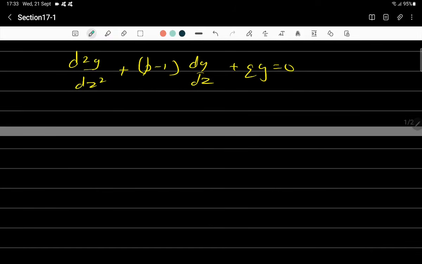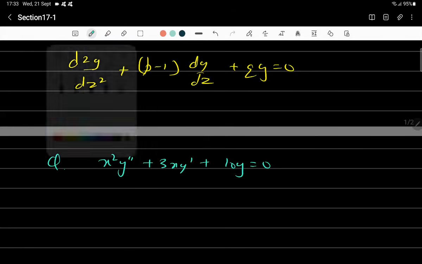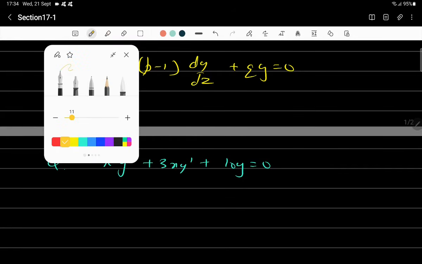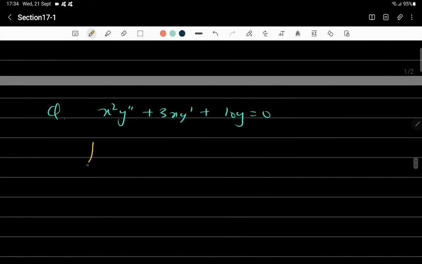So moving further, let's try a question. It is x square y double dash plus 3xy dash plus 10y is equal to 0. Let's assume that we want to solve this question. Now it is clearly an Euler equidimensional equation where p is equal to 3 and q is equal to 10.